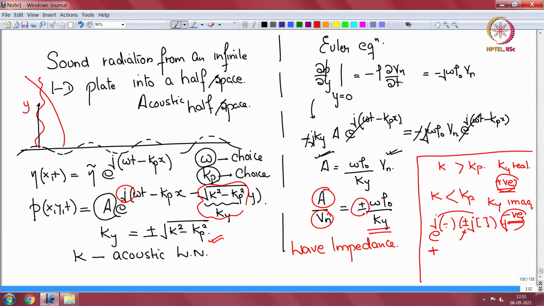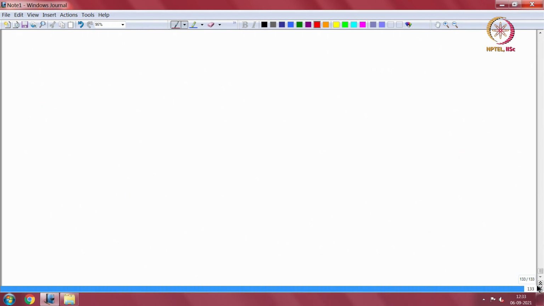Let me write it on the next page. Pressure radiated at a single wave number over velocity travelling on the plate at this wave number is equal to plus or minus omega rho 0 by square root of k square minus kp square.